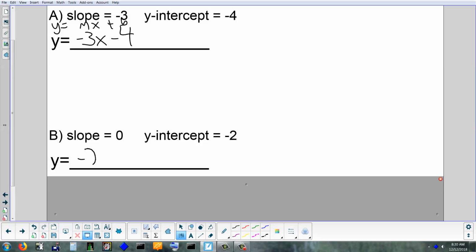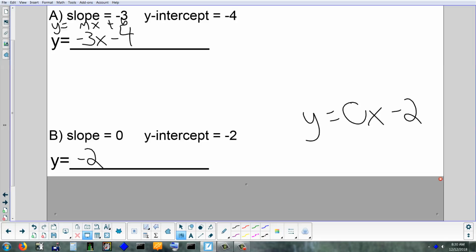Y equals -2. I don't want to put y equals 0x minus 2, because that x is still there. That's still telling me I have a slope of 1. If there's no slope, write nothing. Just like if the y-intercept was 0, write nothing. You just write like y equals 2x.